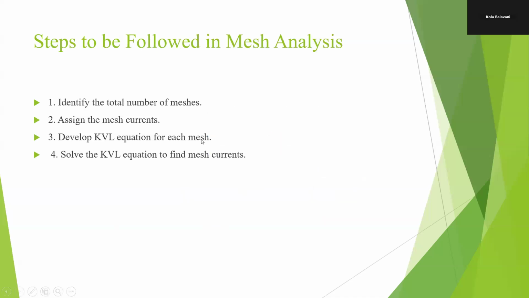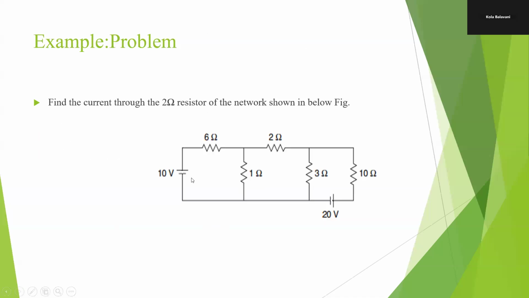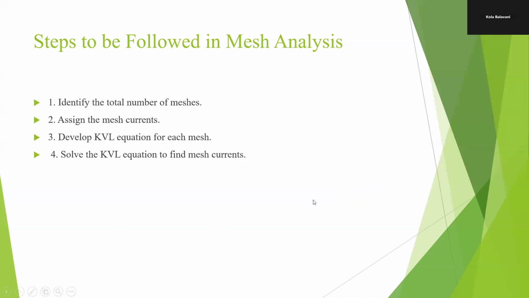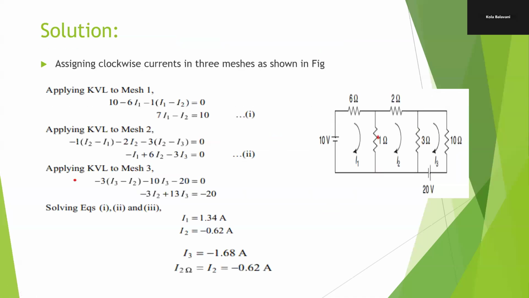Then develop the KVL equation for each mesh, and the final step is to solve these KVL equations to find the mesh currents. In this problem there are three meshes, 1, 2, and 3. For each mesh I assign the current in the clockwise direction: the first mesh current is I1, the second is I2, and the third is I3.